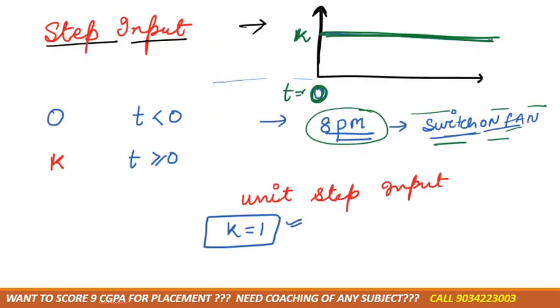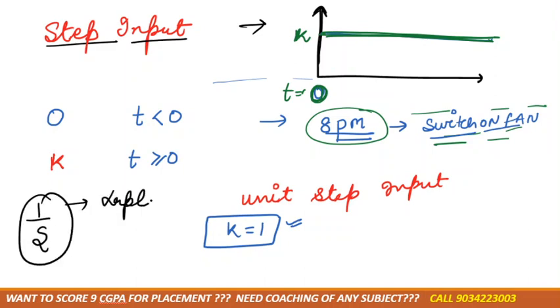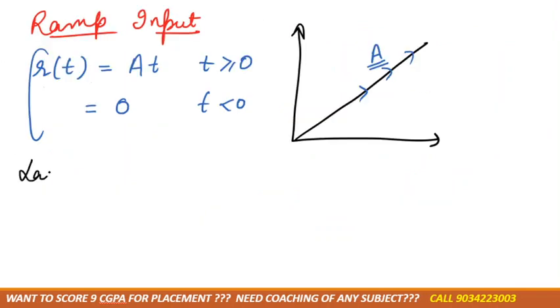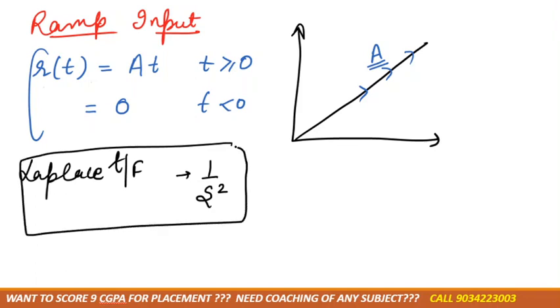One more thing you need to know is that the Laplace transform of the step input is 1 by s. You know the Laplace transform that you have studied in maths class? The Laplace transform of the step input is 1 by s, and for the ramp input the Laplace transform is 1 by s square.